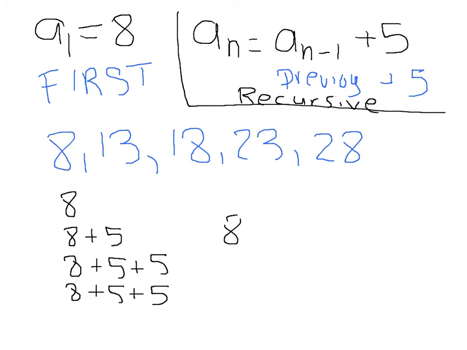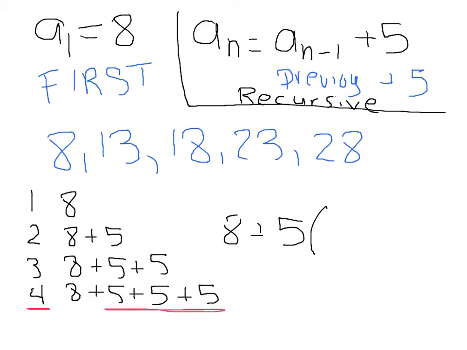plus 5 times... first term is 8, second term is 13, third term is 18, fourth term is 23. So if you look right here, to get the fourth term, you need 3 5s.